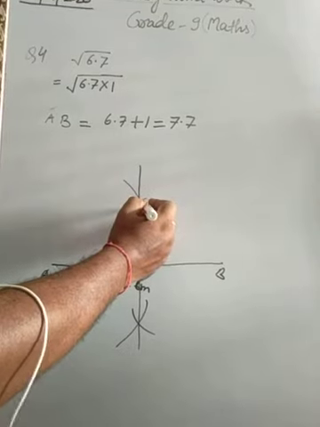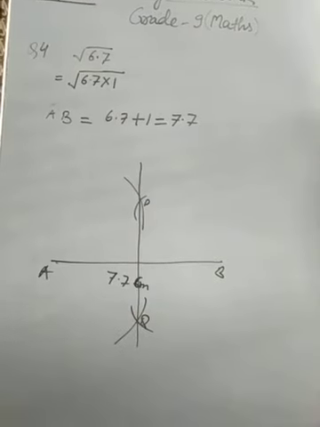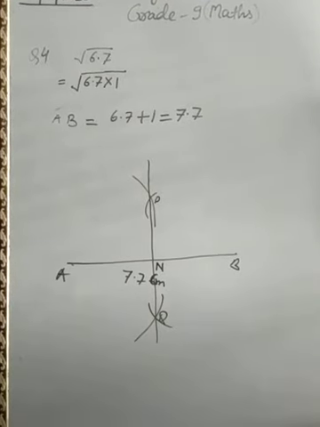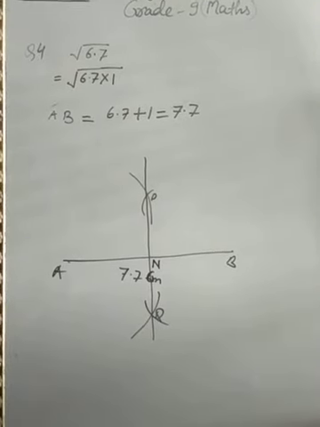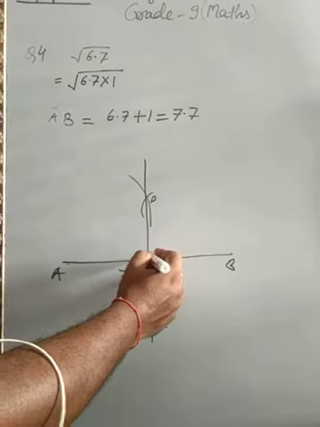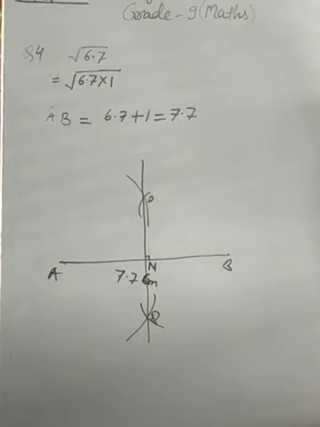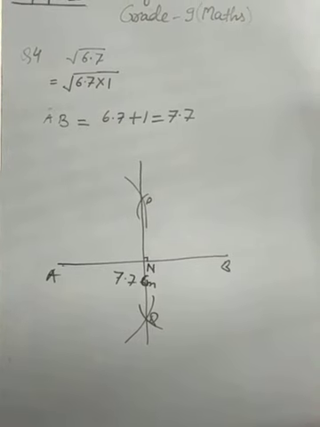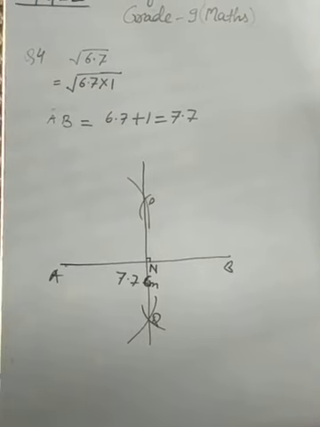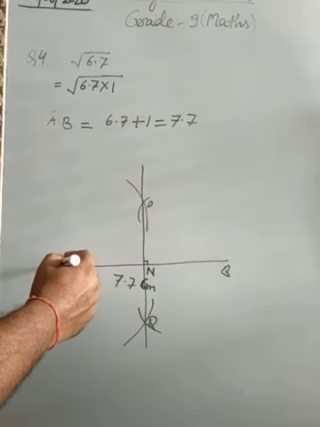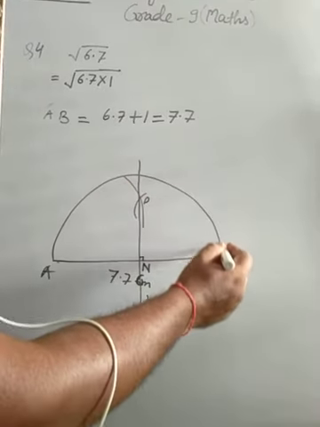Let this point be P, and this is Q, and this point is N. This is the way to draw the perpendicular bisector of a line segment. This perpendicular is intersecting AB at point N. By taking N as the center and NA as the radius, draw a semicircle.